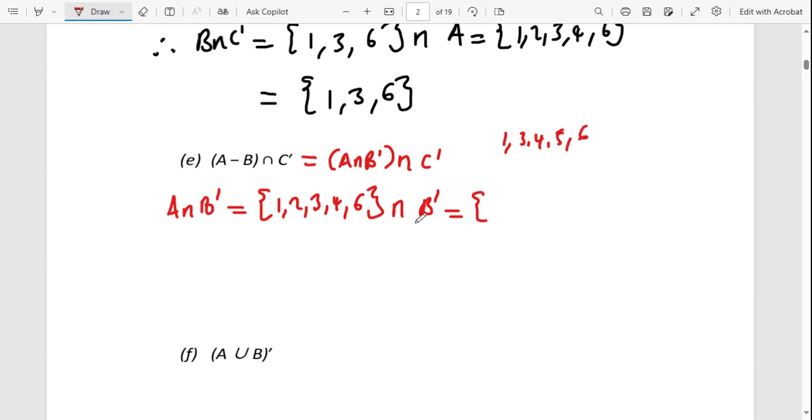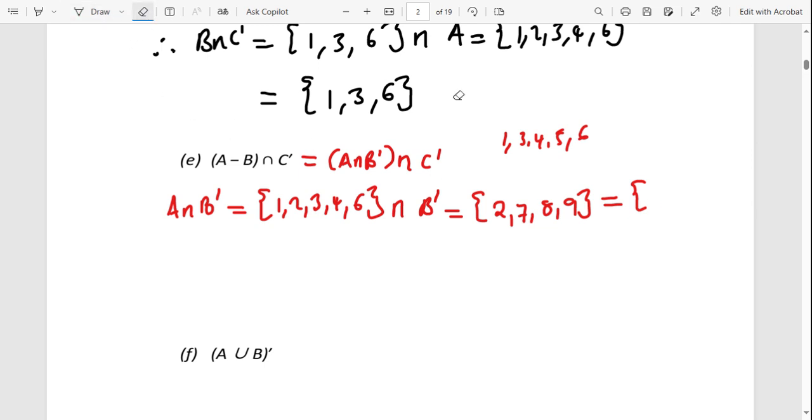So we're going to have other elements. That's 2, and then 7, 8, and 9. We've just removed the 1, 3, 4, 5, 6. So where these are intersecting, you can see 2 is common.